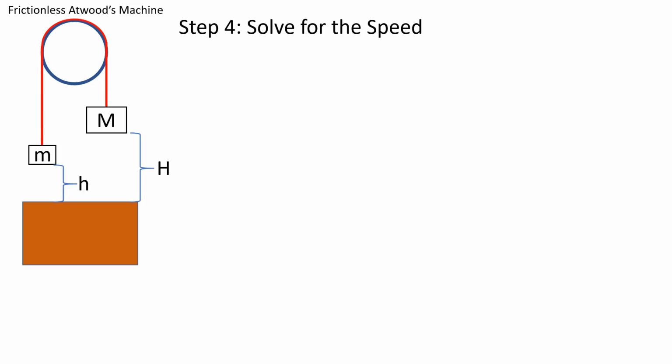So on to the last part of the problem. We want to know how fast the mass big M is moving when it does hit the table after the time t that we just solved for. So again, I'll remind you from one-dimensional kinematics this equation for the velocity of an object moving at a constant acceleration a for a time t if it was released at a speed v naught.